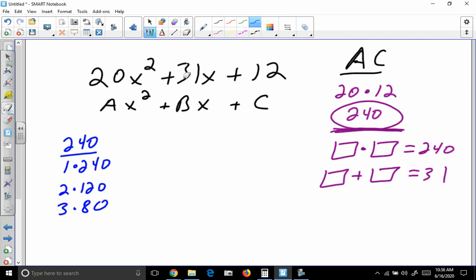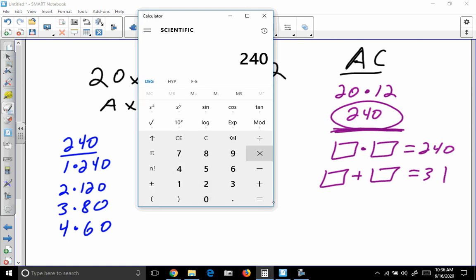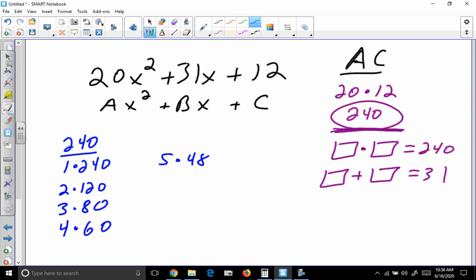But those don't add to make 31. 4 goes into 240 60 times. That doesn't make 31. 5 goes into 240. 240 divided by 5 is 48. Those don't add to make 31. 6 goes into 240. Those don't make 31.